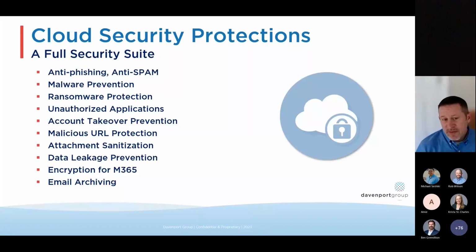And so at Davenport Group recently, we were in the market for upping our security game. We are a heavy 365 user. As you can see with the call today, we use Teams on a daily basis, and 365 email. So we wanted to take our security to the next step as well. So we set out on a venture. What we were really looking for was a tool that has the anti-phishing, anti-spam, and malware prevention that probably all of us have now in front of our email system.